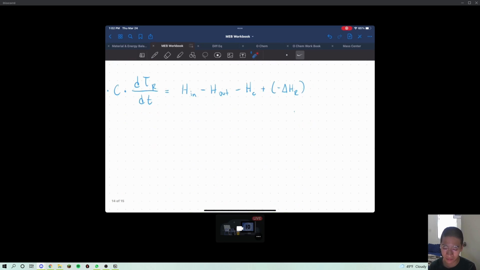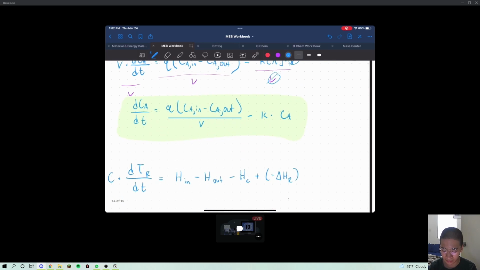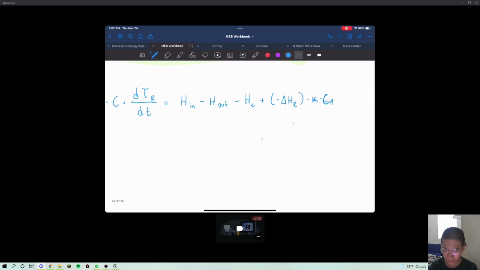We know rate. We have an expression for rate, so therefore I multiply by K times Ca, the concentration of A. Let's bring that down. Plus negative delta HR times K times Ca.